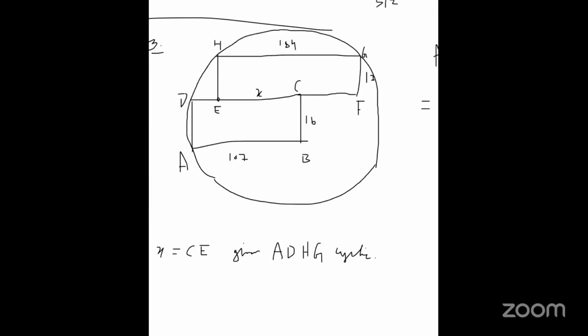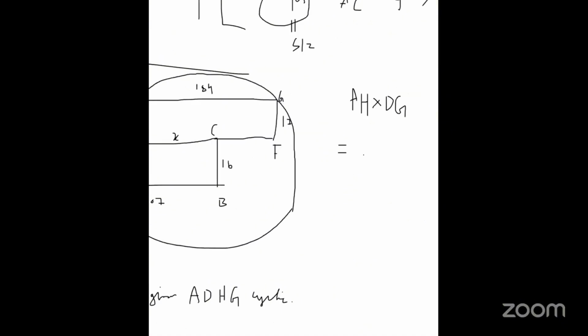Is AD times HG plus AH times GD. So what one can do is compute each of these lengths using this variable x.